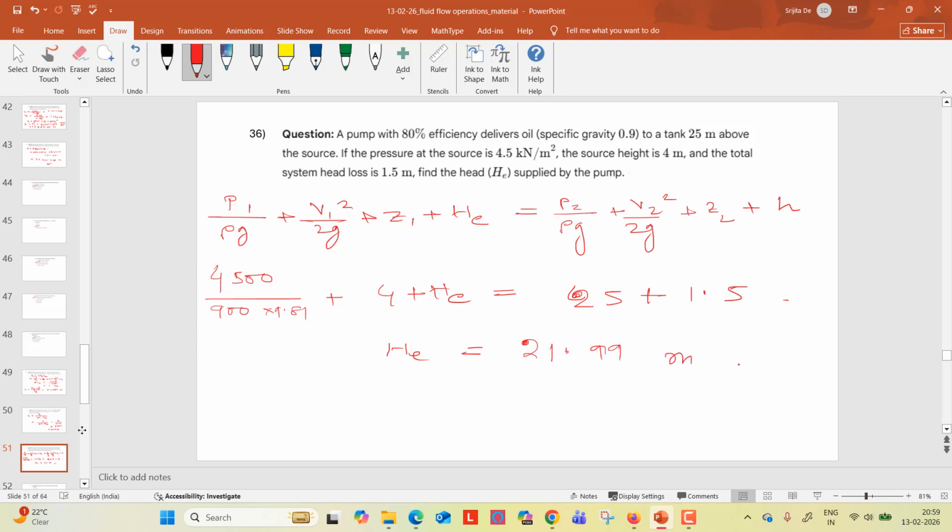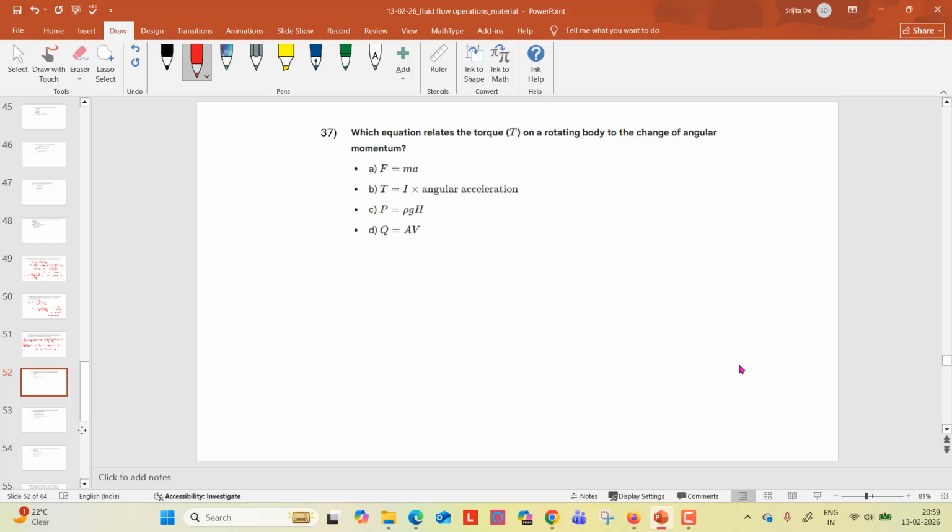Next, which equation relates the torque on a rotating body to change the angular momentum?